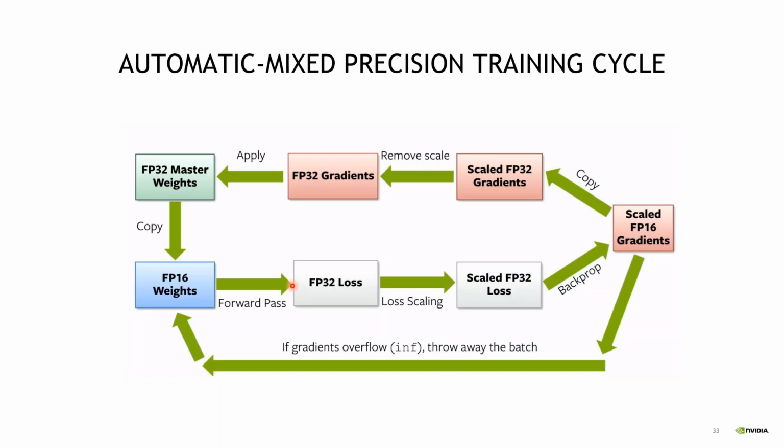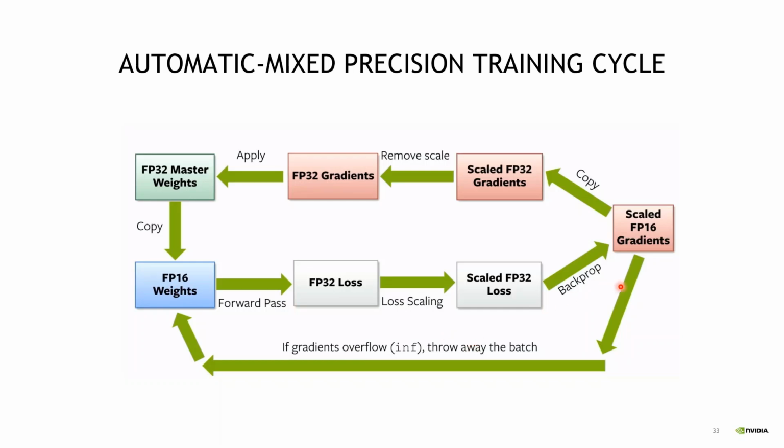After that, we're going to scale that loss, do a backward pass computation of gradients, and if we detect an overflow, we just skip this batch and scale down our loss. And we start from the beginning.